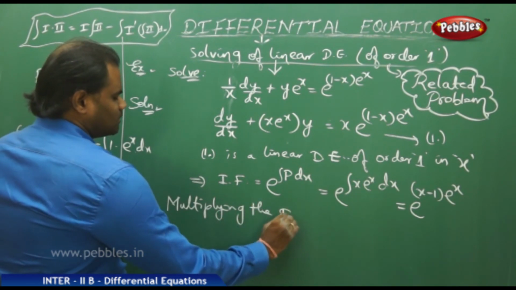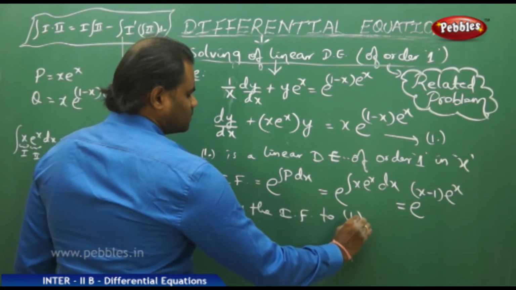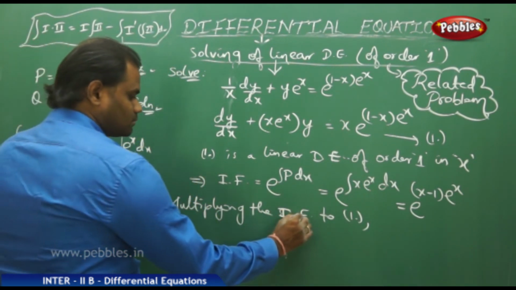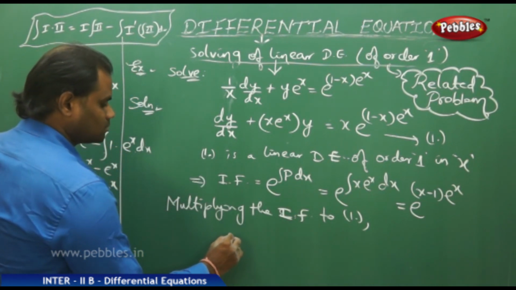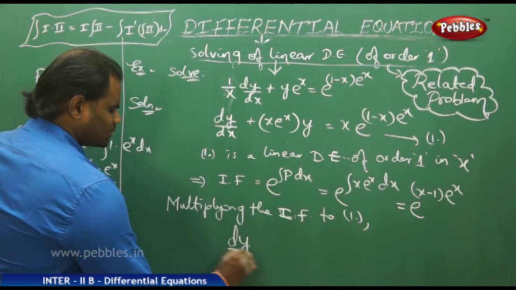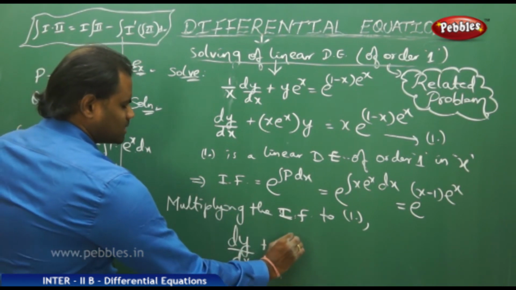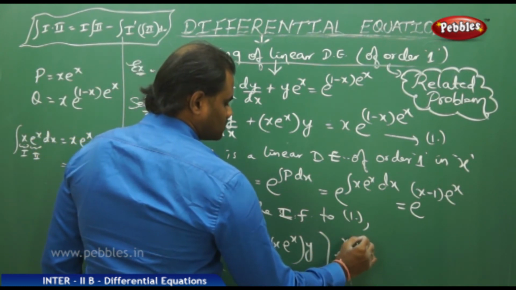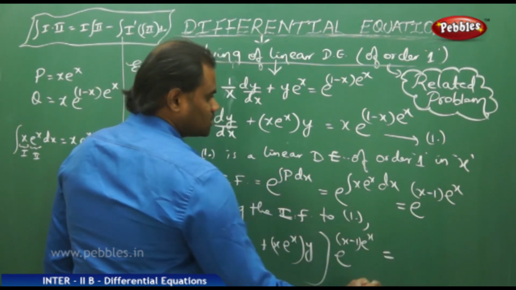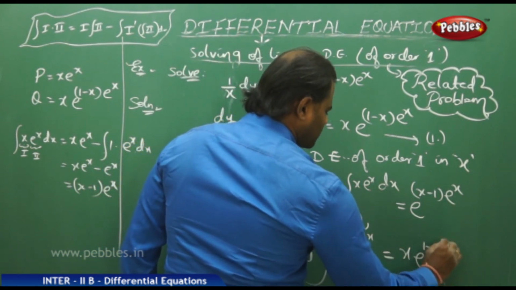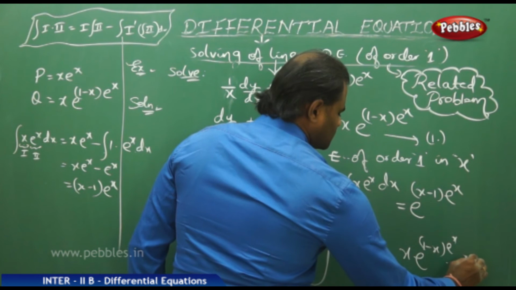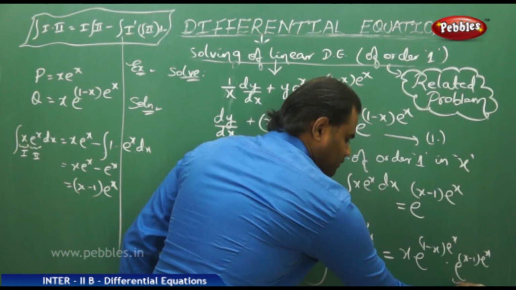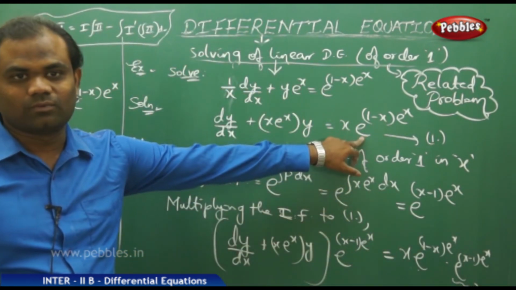Now, this integrating factor using step 1 is to be multiplied to equation 1. Multiplying the integrating factor to 1, we get dy by dx plus x e power x y times this equals x e power 1 minus x e power x, times e power x minus 1 e power x, which is multiplied as the integrating factor to the right hand side of equation 1.